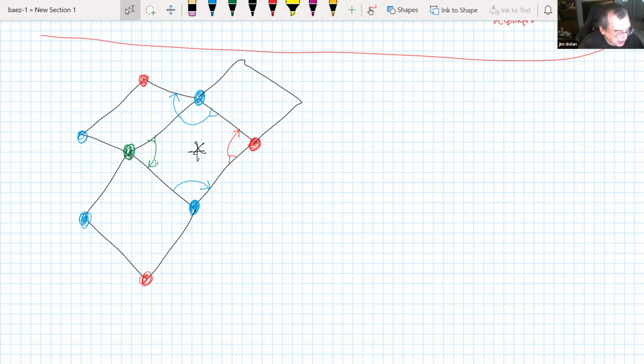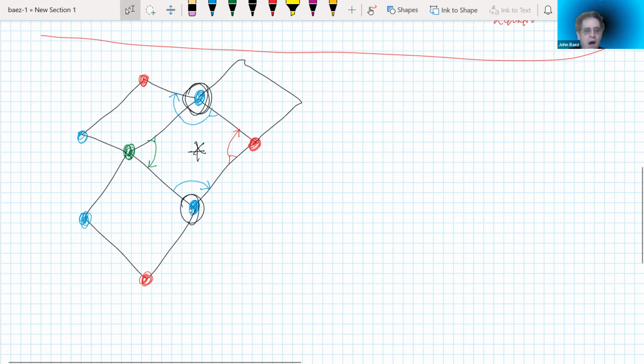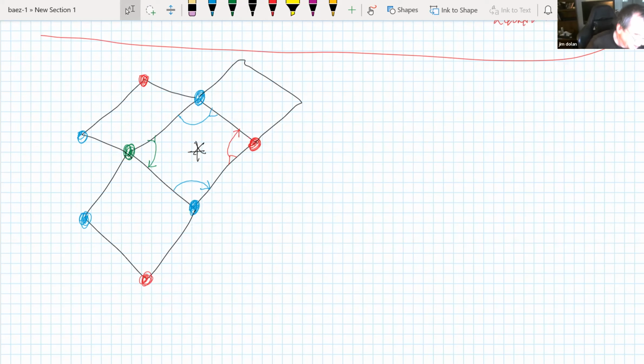Well, my convention is that green is on the left and red is on the right. So this one here is the one at top, this one is the one at bottom. I find this style useful for certain purposes.